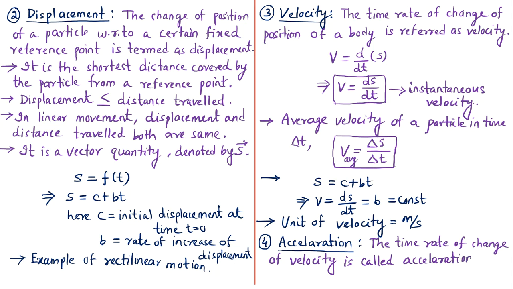It is denoted by the symbol A. Then A equals dv by dt. Clear? So this is also known as the acceleration.